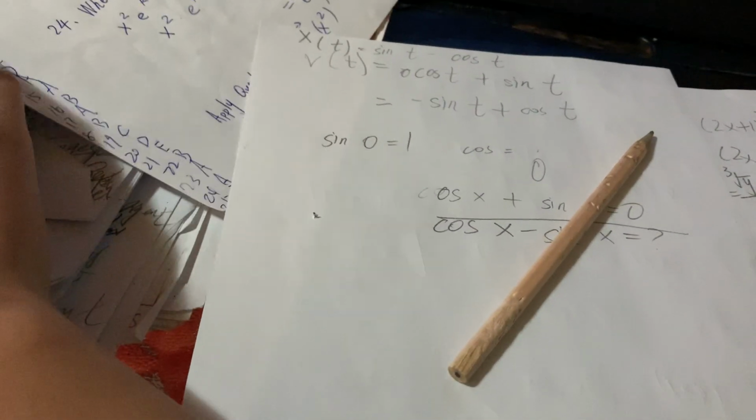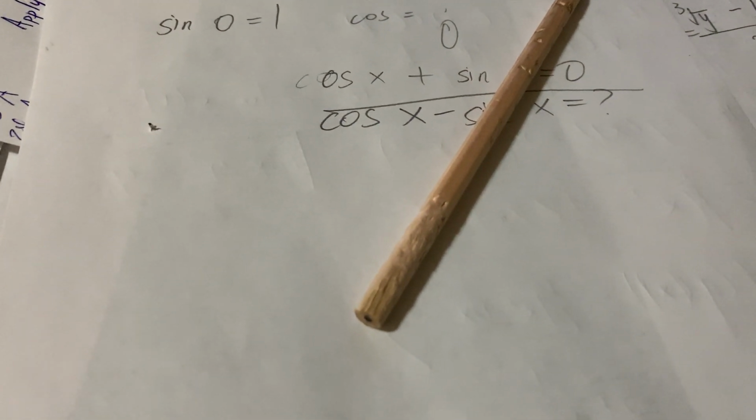Negative cos x is equal to sine x, let me think for a sec. Sine x plus cos x is equal to 1. Okay, so it's larger than 90. Okay, I know.